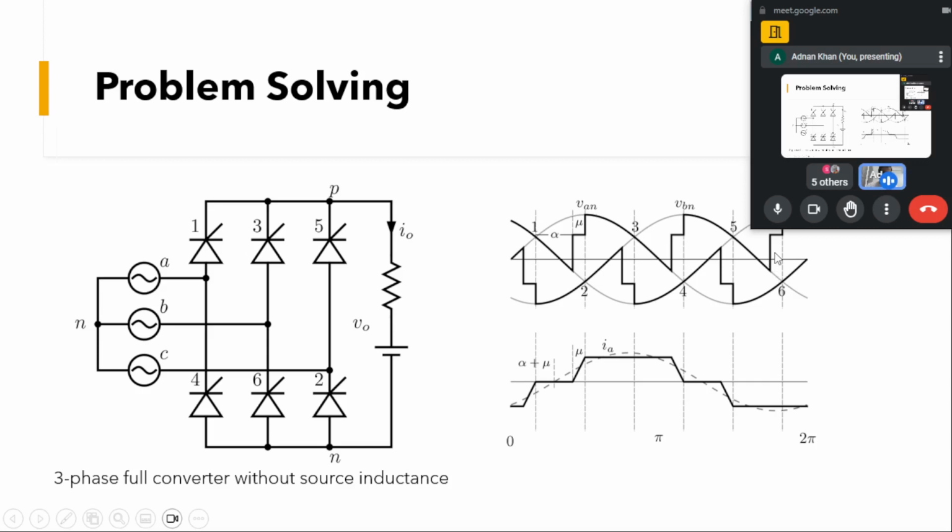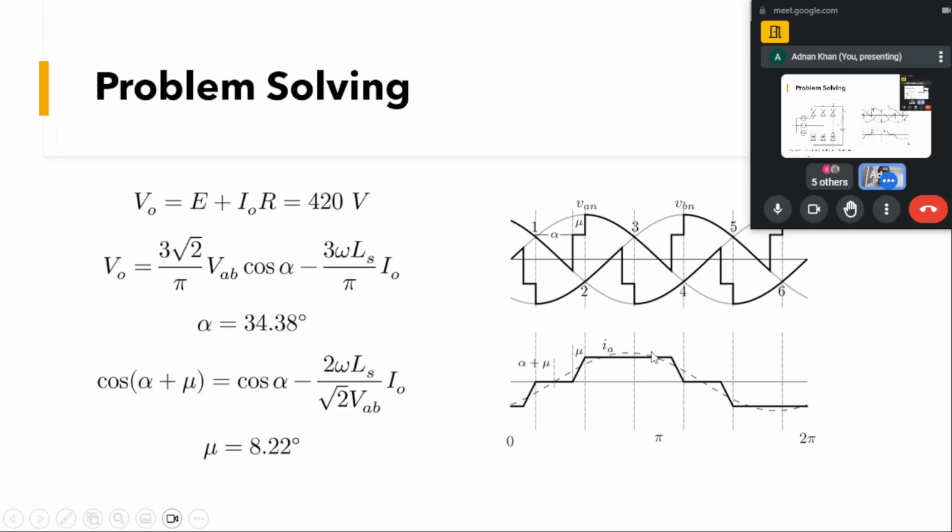Before SCR1 starts conducting, SCR5 was conducting. At this moment both 1 and 5 will be conducting, due to which the output voltage decreases by some amount and has this kind of shape. Because of this commutation overlap, the average output voltage is decreased by some amount, given by this equation.